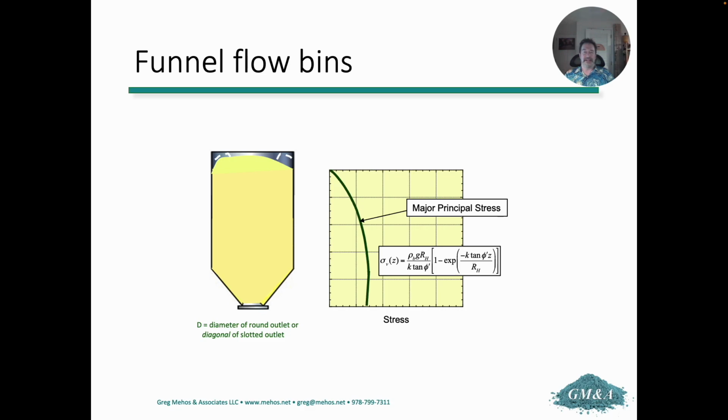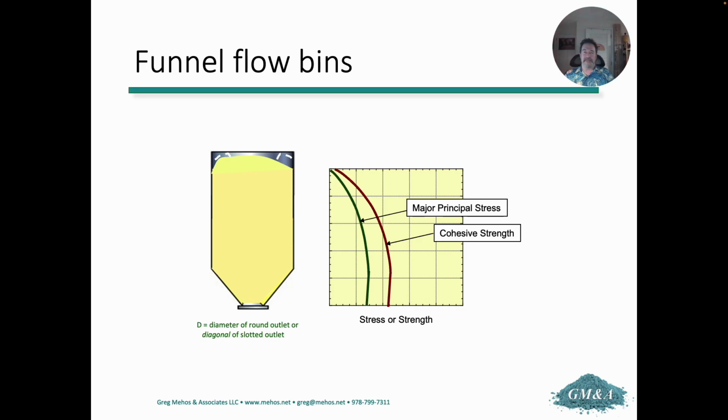So we have a rather high solid stress throughout our hopper, especially at the bottom. Again, if we have measured the cohesive strength as a function of stress, using the flow function, we now know what the cohesive strength profile is inside our bin.